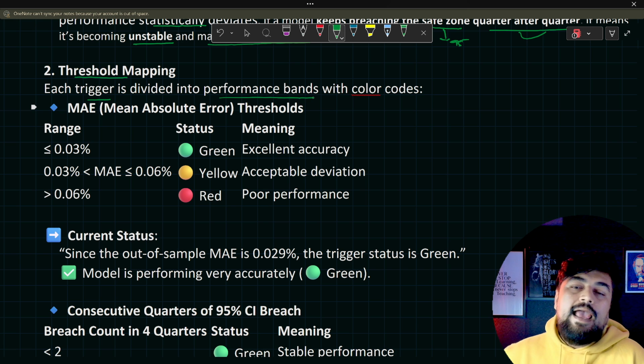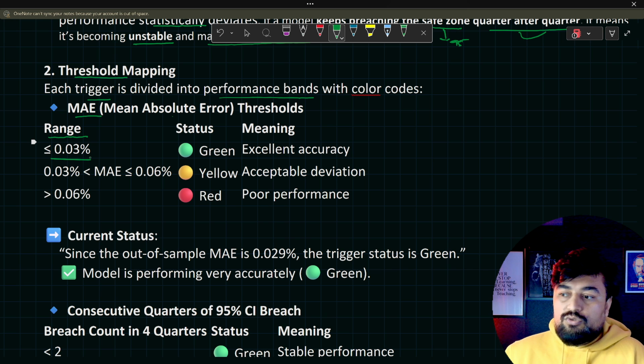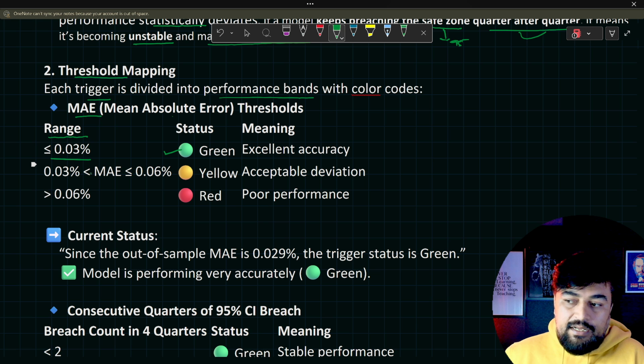Performance band talks about the coloring part. If MAE has a value less than or equal to 0.3, that is considered green. Greater than 0.3 but less than or equal to 0.6 is considered yellow. And if it's greater than 0.6, it's considered red.